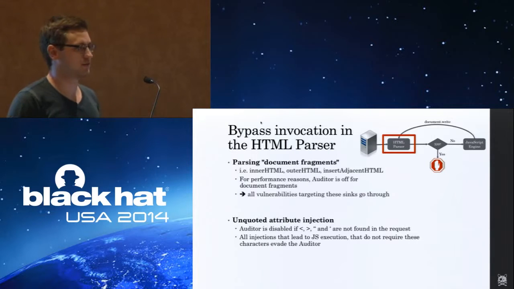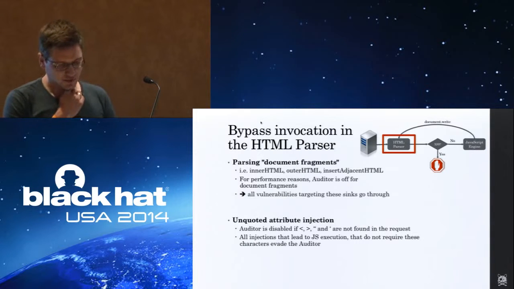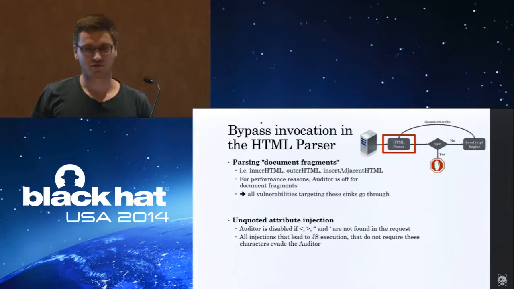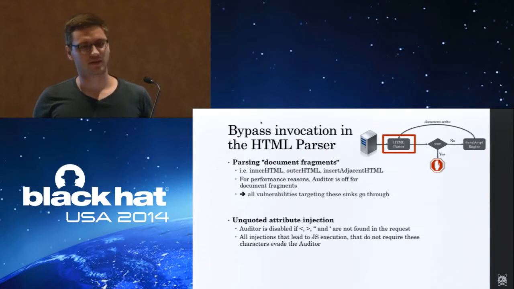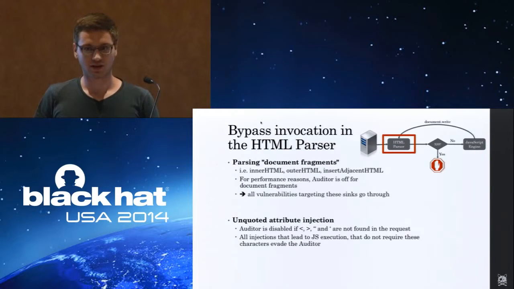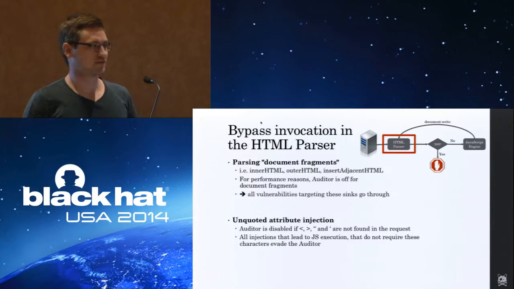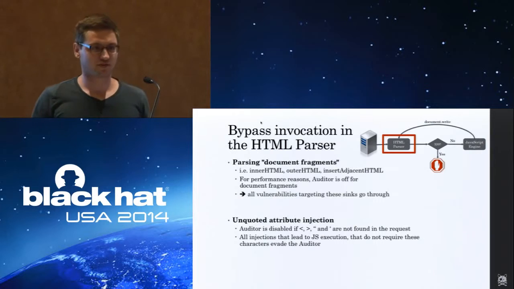And the second part is what Martin also briefly talked about, this so-called unquoted attribute injection. The auditor is disabled if those 4 characters are not found in the request. But depending on the situation, and we found a lot of that out there, you might have situations where the user input, something that's coming from the URL, is written to an attribute without using any quotes. That means in order to break out of this attribute, I don't need quotes, neither the single nor the double quote, and depending on what kind of attribute it is, it might be an iframe, for example, where I can then use one of those JavaScript URLs.